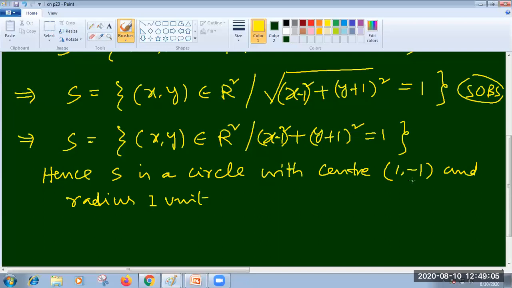So x minus h whole square plus y minus k whole square is equal to r square is the equation of a circle. So this is an equation of a circle.